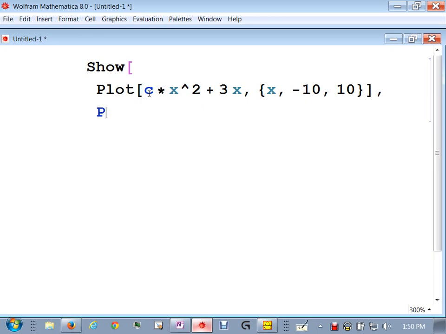And then I'm going to show the plot of the other one, x squared plus c times x, right? And I'm going to show that on x from -10 to 10. But right now, the computer doesn't know what c is, right? Doesn't know what c is.